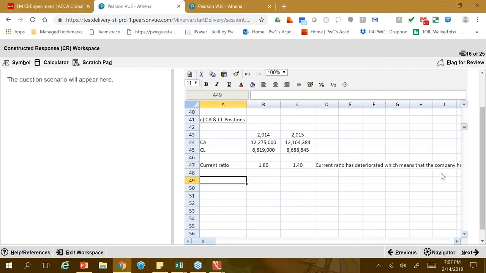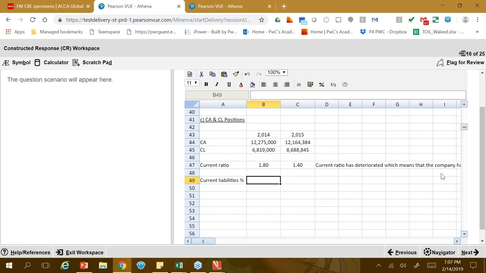Now, the further analysis I can do here is because they asked us, I've done the comparison on my current assets and liabilities, but they also asked us to link this to the working capital financing. So what I can do here is I can do a little calculation where I can do the current liabilities percentage.